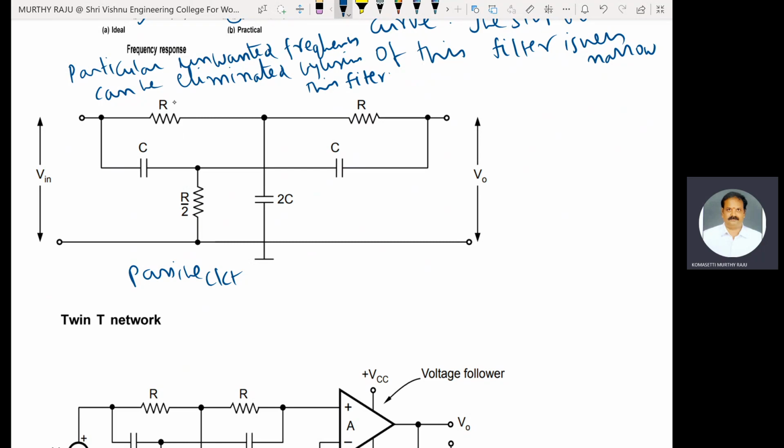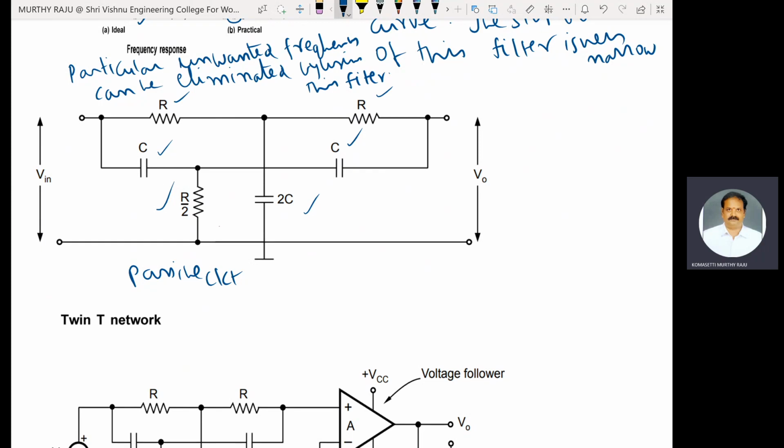One T network consists of R, R and 2C. Another T network consists of C, C and R/2. One consists of two resistors and a capacitor, while the other consists of two capacitors and one resistor.